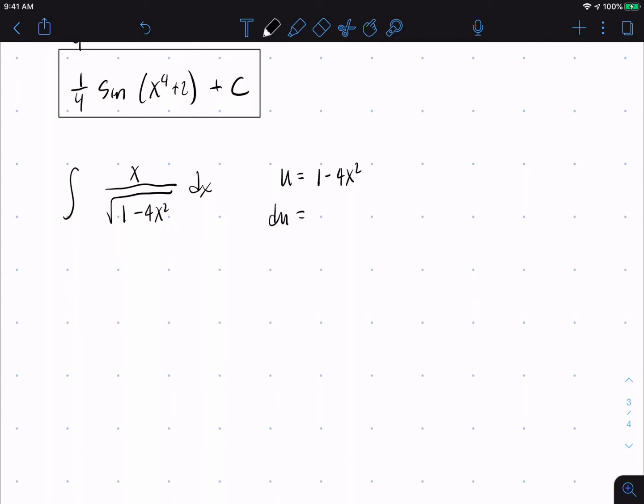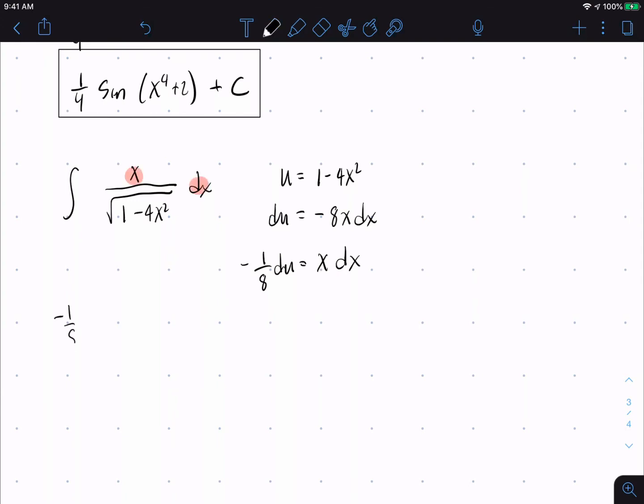So my du is a negative 8x dx. Well, I have x in the denominator. I don't have the negative 8, so I'm going to divide by that. And now we see that we have those pieces taken care of.